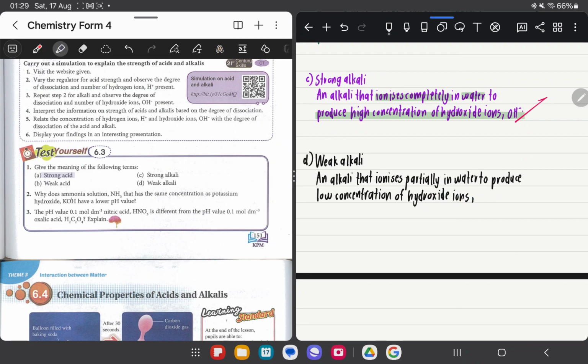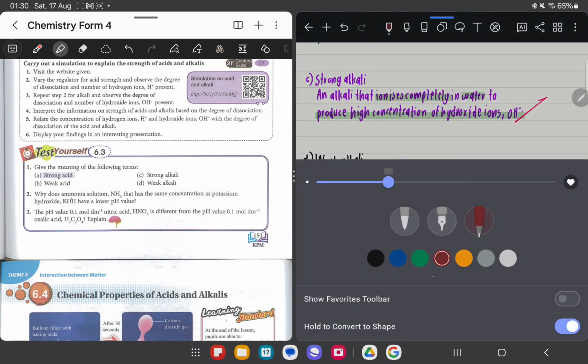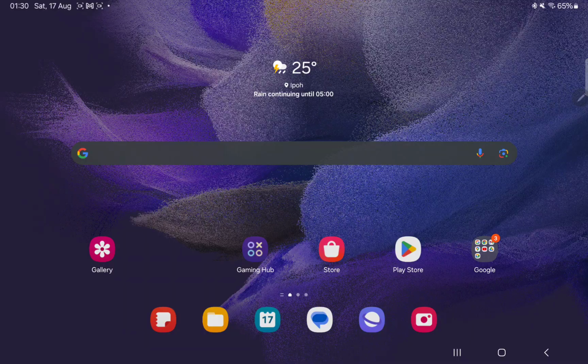That's it, this is your complete answer. The points that are calculated as marks are ionizes partially, water, low concentration of hydroxide ions. If all these points are there, then we would give you the marks. Let me show you the answer scheme.